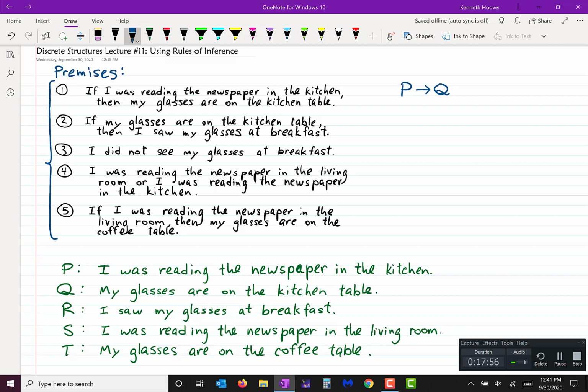I am using statement number 1. Let's put our reasoning in red. Statement number 1 is telling us that P implies Q.